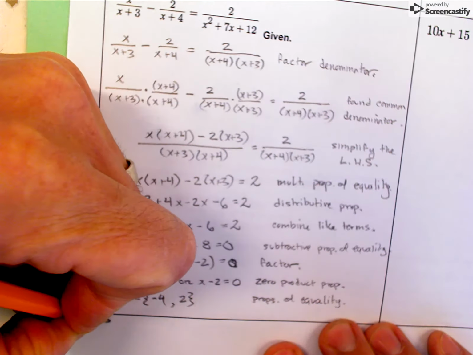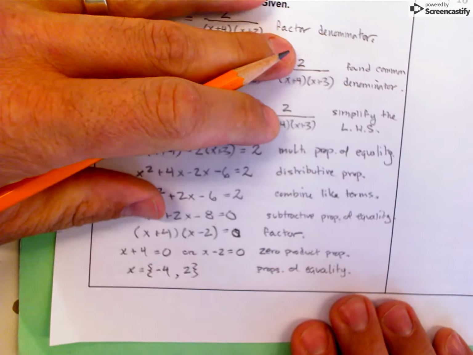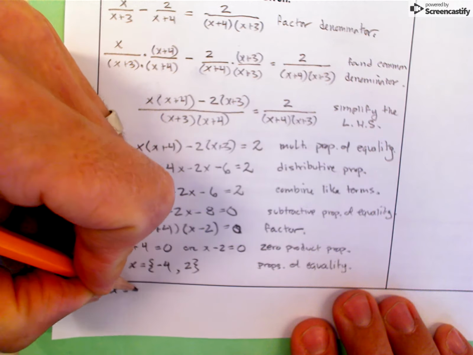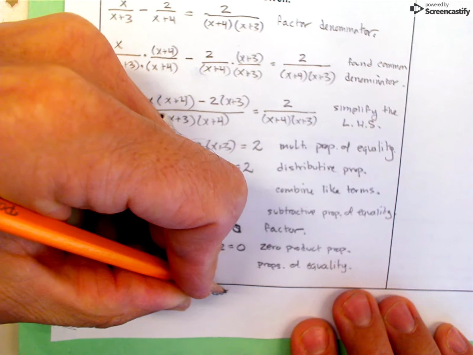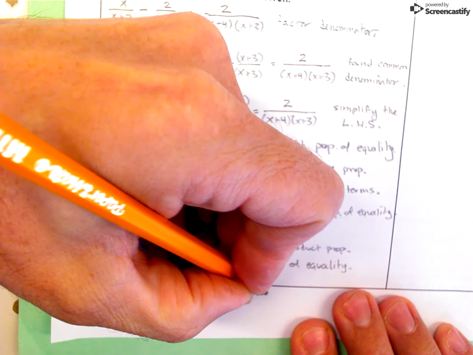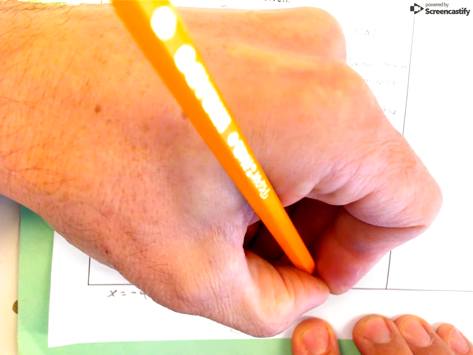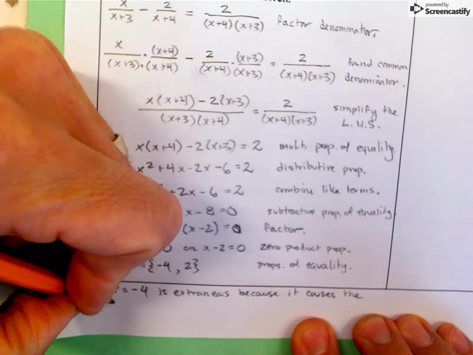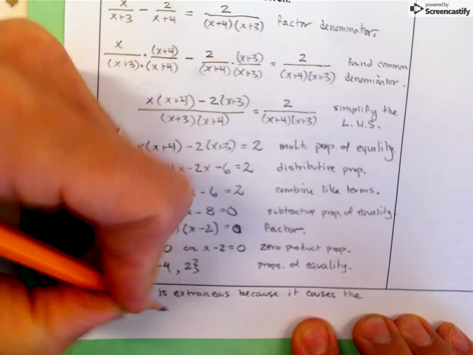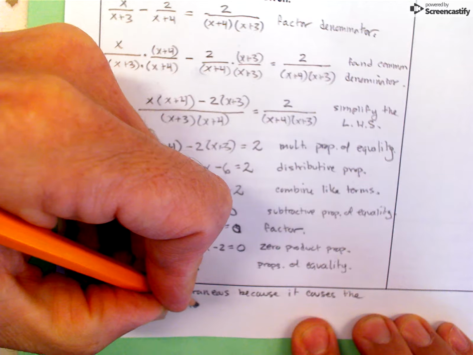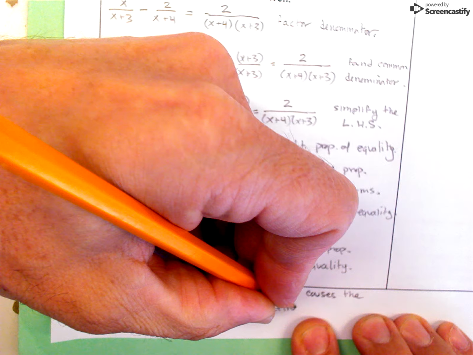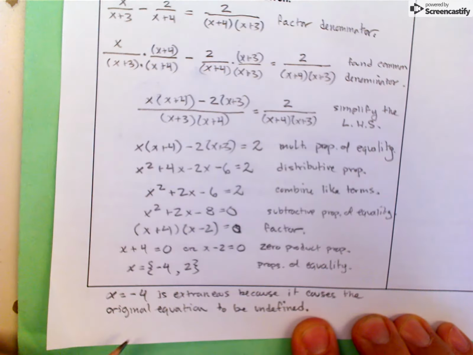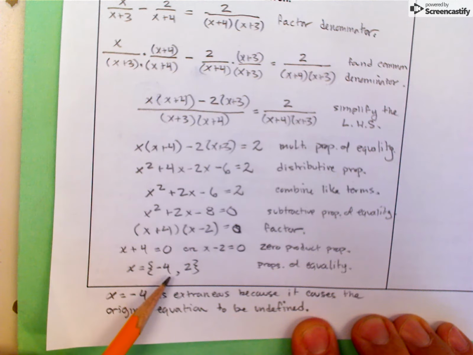So I'm going to make a note down here in order to complete this problem that x equal to negative 4 is extraneous because it causes the original equation to be undefined. So really I just have one real solution, 2, and then I have this extraneous solution.